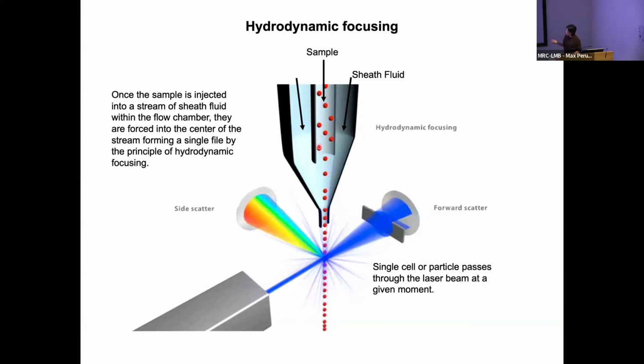This sheath fluid forces the sample core to pass through the sensing point in a single file, which means single cells or particles pass through the laser beam at a given moment. So we measure the cells one by one as they pass through the laser sensing point here.